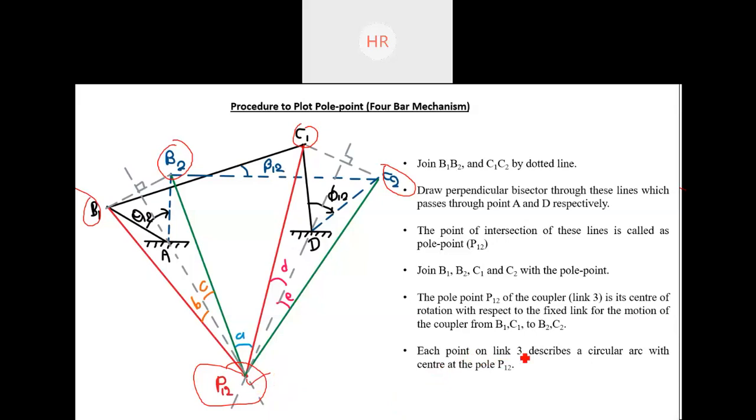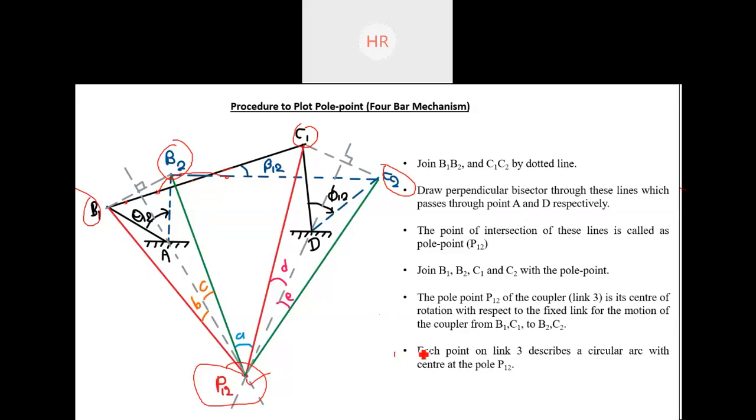And each point on link number 3 describes a circular arc with center at the pole point. If you take any point on this link B1 C1, it will make an arc about point P12 to achieve this second position.